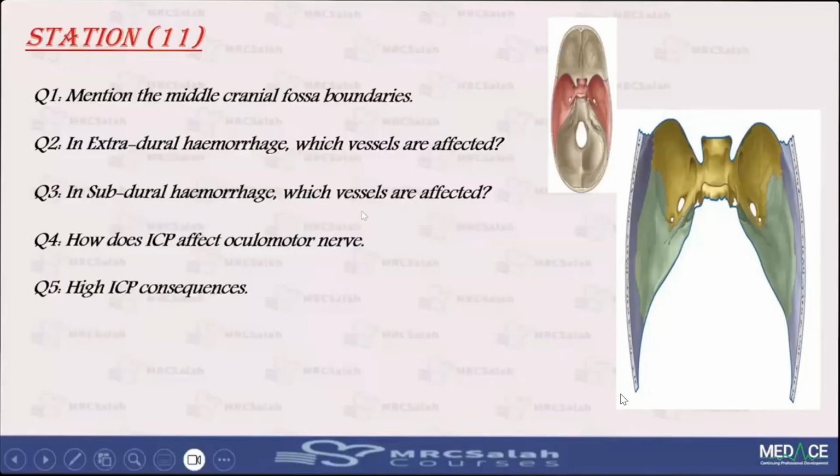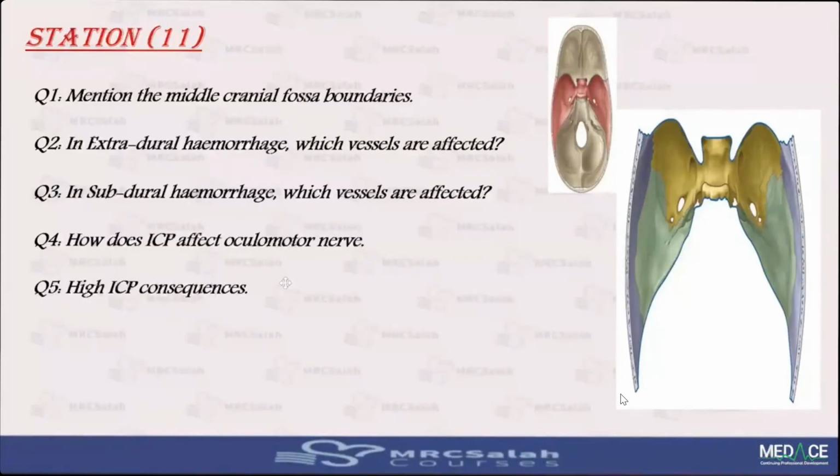There will be headache, vomiting, focal neurological deficits, also the Cushing reflex, papilledema. What also happens before all of that?